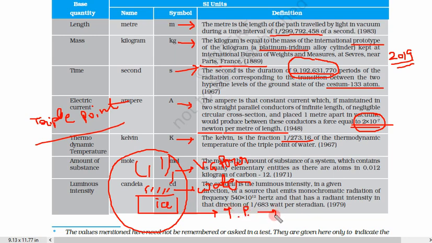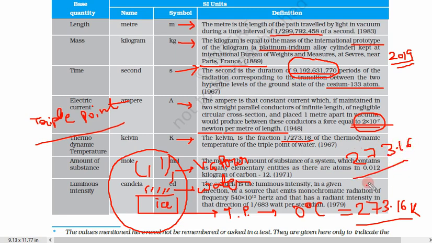This is at 0 degree Celsius, and in Kelvin we say it 273.16 Kelvin. So triple point is at 273.16 Kelvin. If we divide this triple point temperature 273.16 by the same number, what do we get? 1 Kelvin.